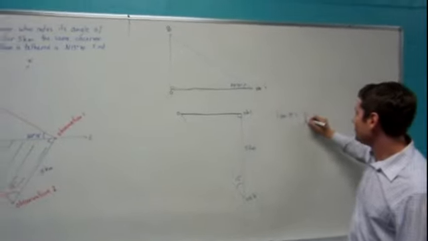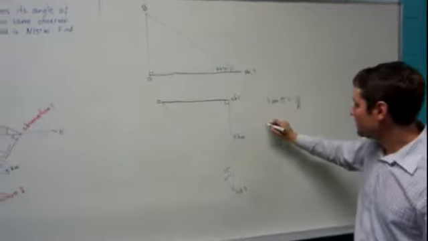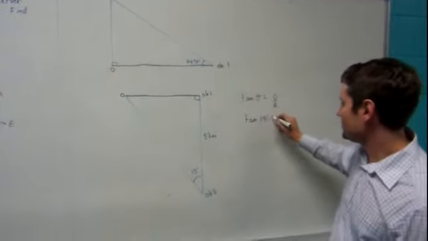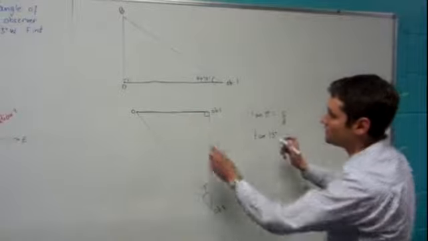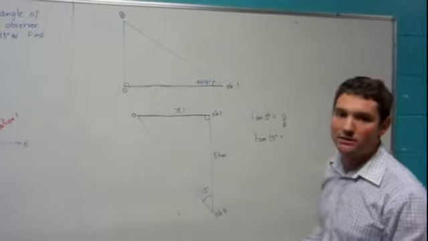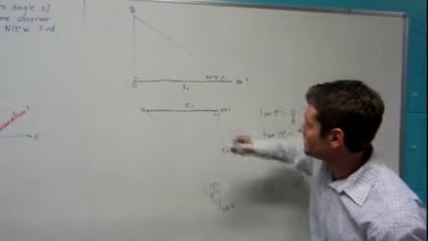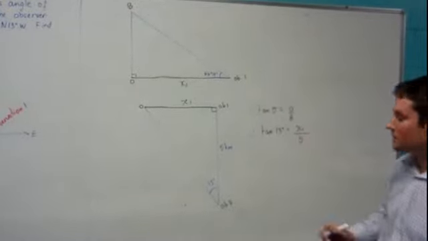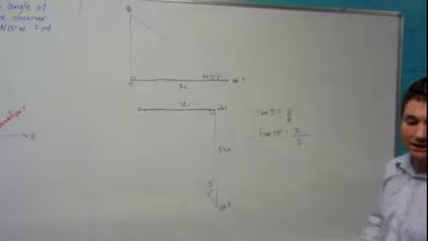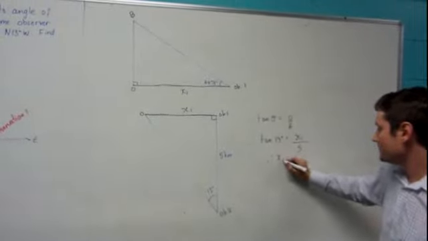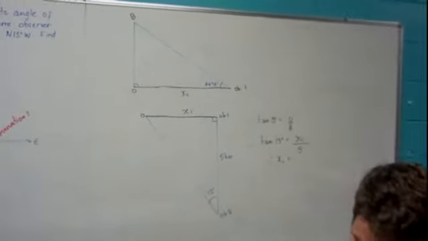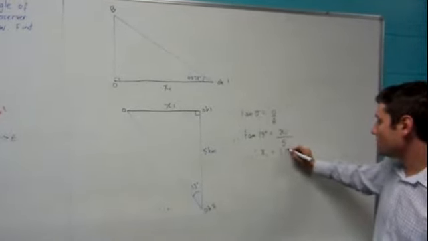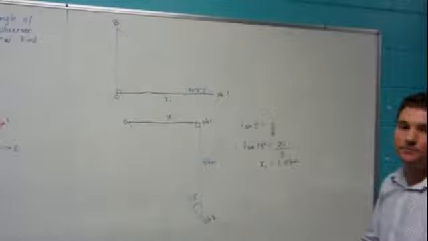Tan theta equals opposite over adjacent. Therefore, tan of 13 degrees equals the opposite, we can call that x1 if we want, over the adjacent. Now, if we enter that into our calculator, we'll get an x1 value of 1.15 kilometres.